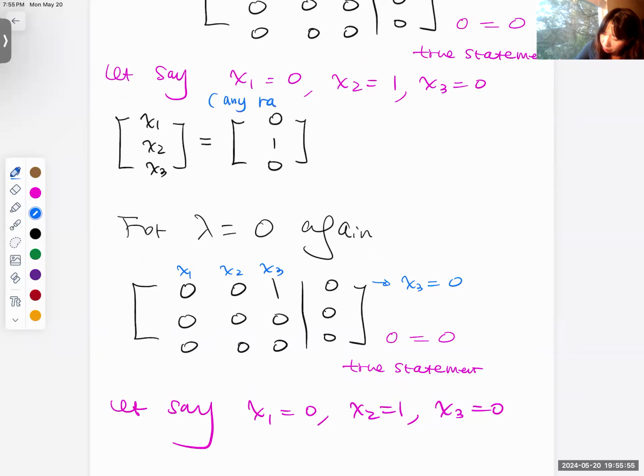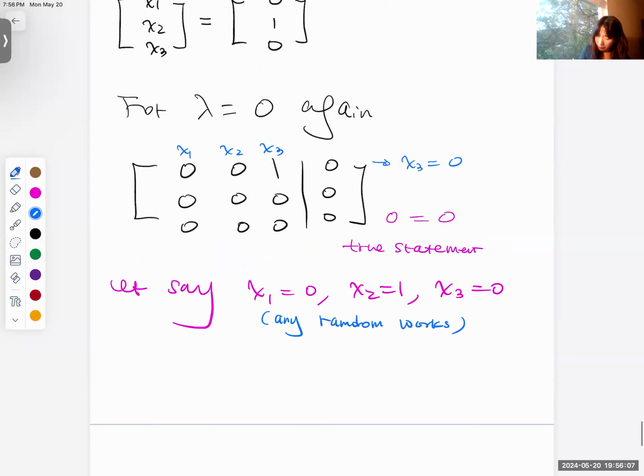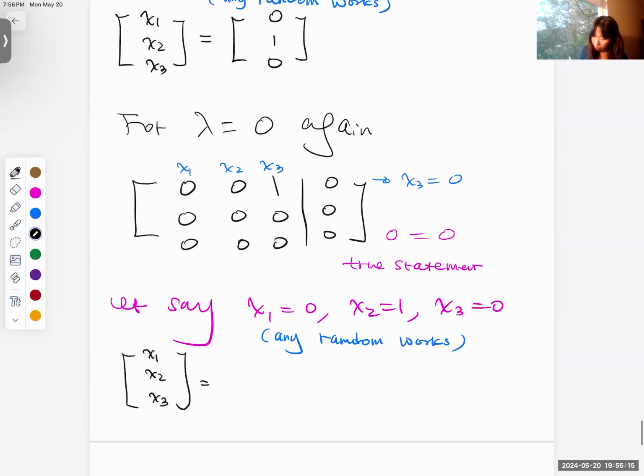Any random choice works. So we have x of 1, x of 2, x of 3 as 0, 1, 0.